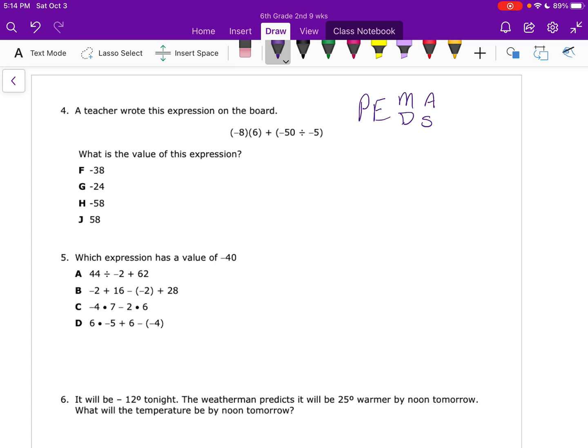So the parentheses, we do what's inside the parentheses first. Now these right here, this is negative 8 and 6. There's nothing to do inside those parentheses. Those parentheses are just there to tell you that you're going to multiply those two numbers. There is something to do inside these parentheses though. So we're going to do negative 50 divided by negative 5 first.